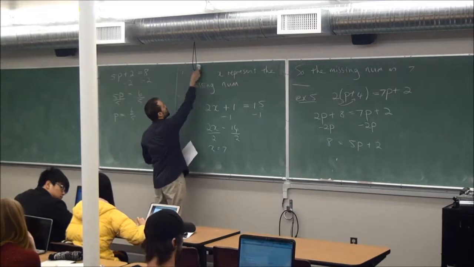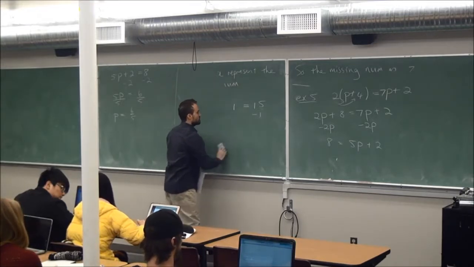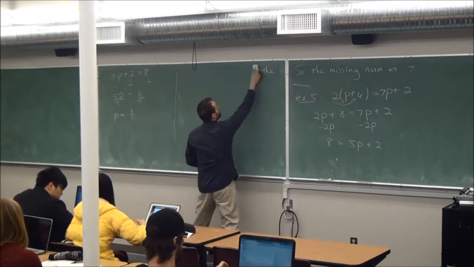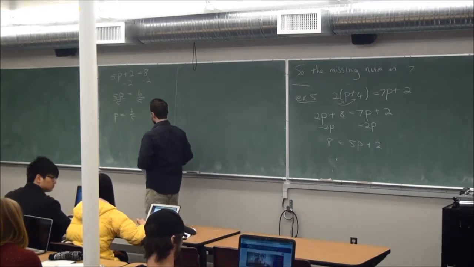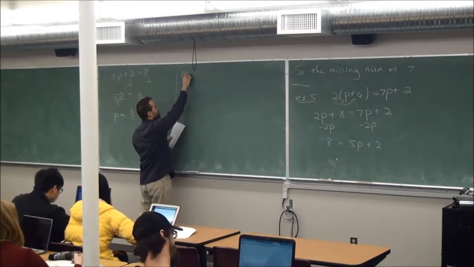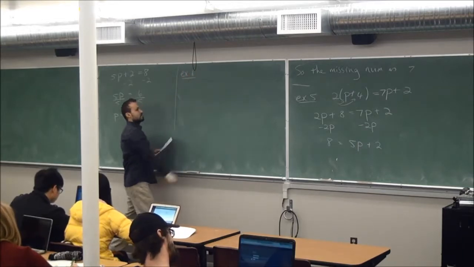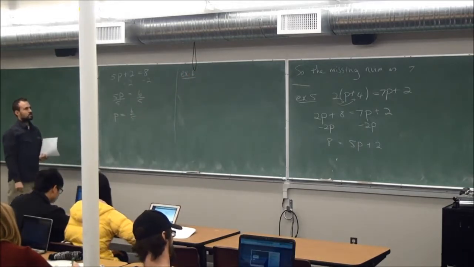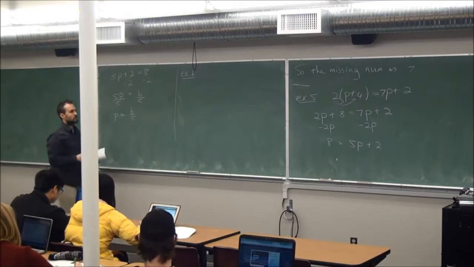I'll do one more and then we can move on. Over these simple examples, I'm trying to emphasize what we're actually doing. We're only applying those 4 basic rules to make the equation look nicer.